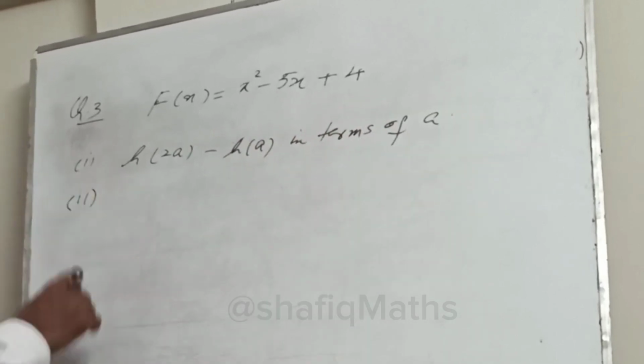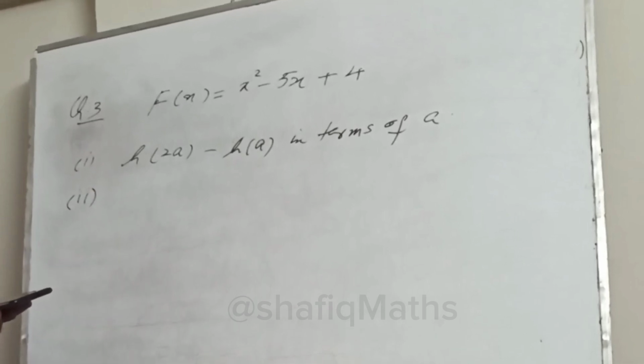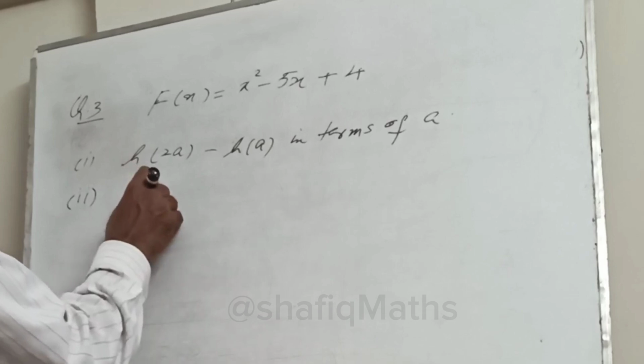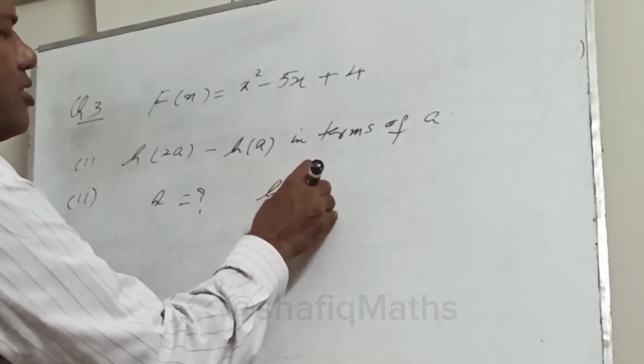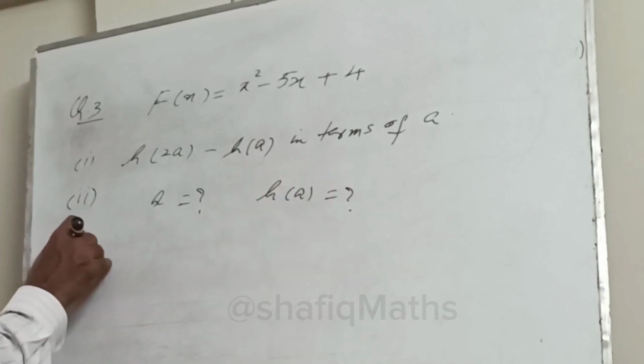Second part of the question: find the values of a for which h(a) equals 0.